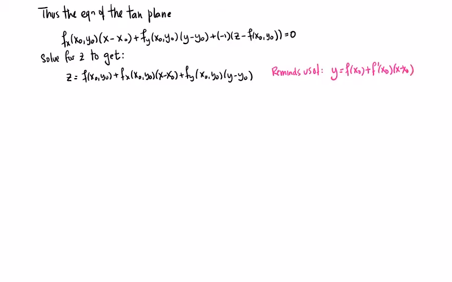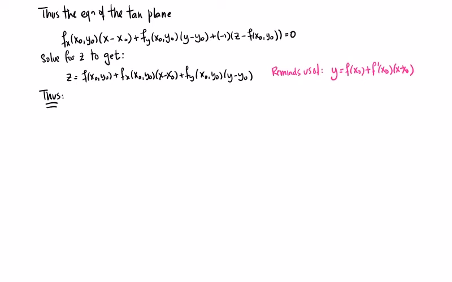So take a look at those two. They're very similar. In the one-variable case, we've got f at the point plus the slope times the difference between the x's. In this case, we've got f of the point plus the derivative with respect to x times the difference between the x's plus the derivative with respect to y times the difference between the y's. So we've just ramped it up to include this extra variable. Thus, we can finally make a claim.